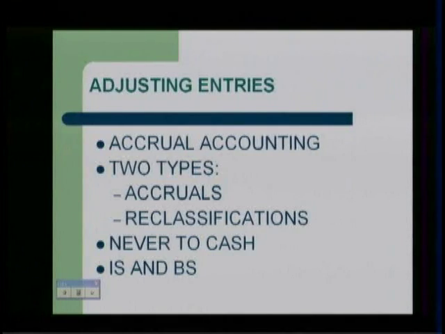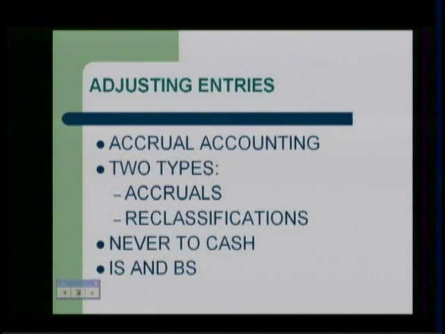Adjusting entries occur when we have an account balance that's not what it should be. We're going to change the account balance to make it correct. That's an adjusting entry. There are 2 types of adjusting entries, accruals and reclassifications. In accruals, what we are doing is bringing on an expense that's not already recorded in our books.